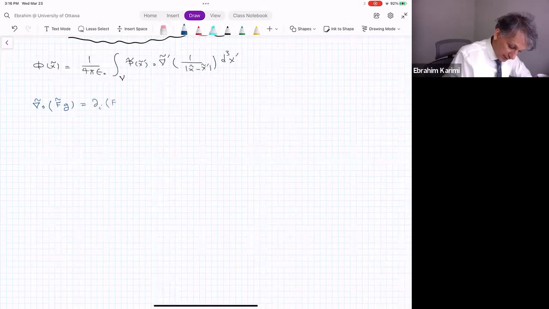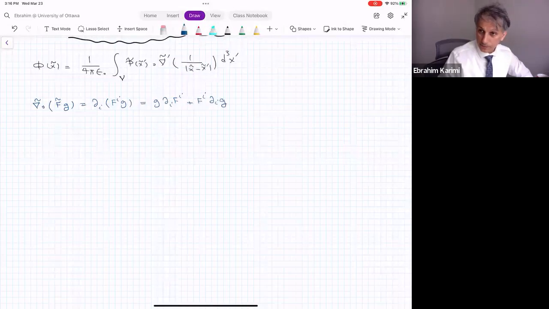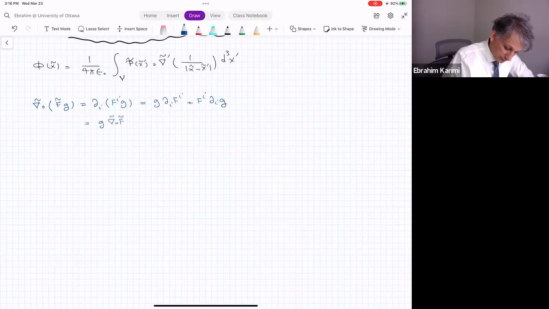Then that is G times the derivative of F_i plus F_i times the derivative of G. Do you agree? And this simply means that it is G divergence of F plus F dot gradient of G.